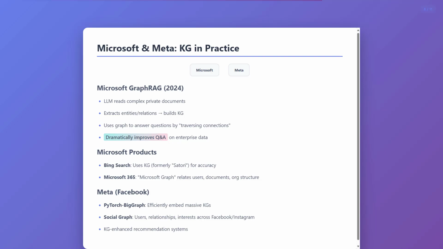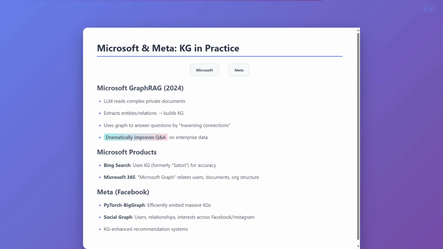Microsoft and Meta are also heavily invested in knowledge graph technology, particularly for enterprise applications. Microsoft's GraphRAG, with version 1.0 introduced in December of 2024, is a fascinating approach to enterprise knowledge management. Here's how it works. You feed complex private documents to an LLM, which extracts entities and relationships to build a knowledge graph.